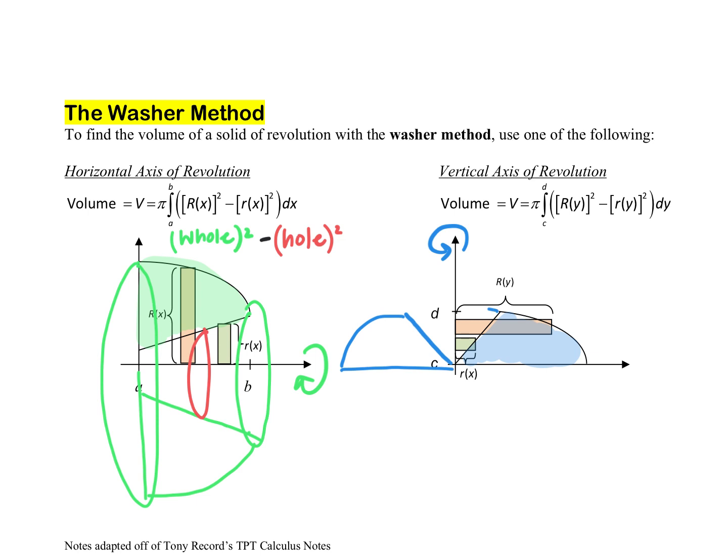Then I would have something like that with my inside area subtracted. So again, it's your whole area squared minus your hole with an h squared.